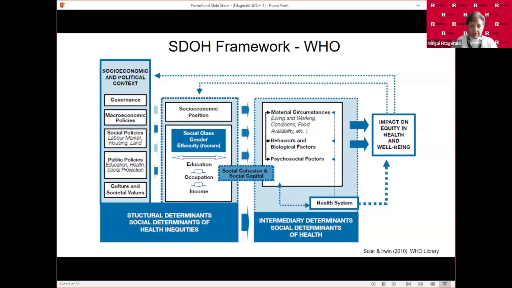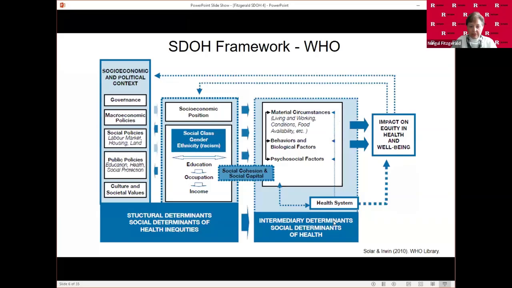According to this model, these structural determinants lead to the intermediary determinants and conditions that people are exposed to depending on their socioeconomic position measured by these factors.